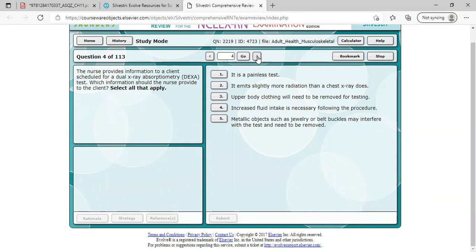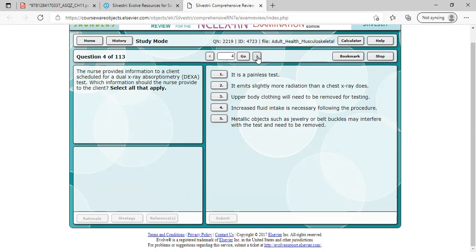Which information should the nurse provide to the client? It is a dual X-ray absorptiometry, right? So about this test, what is important?